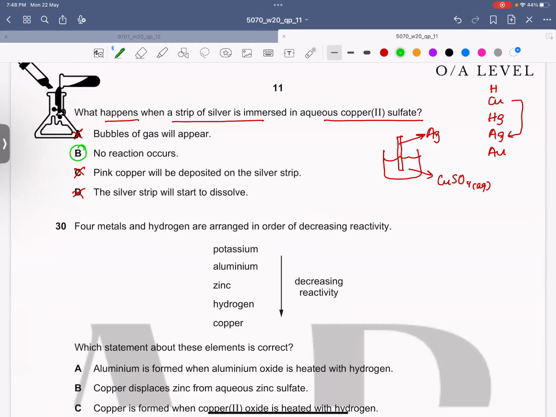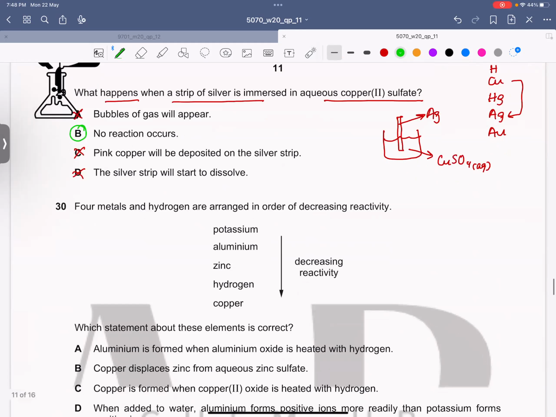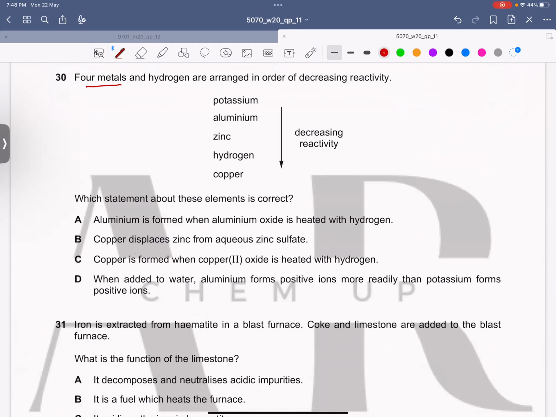Is this clear? Now, question number 30. Four metals and hydrogen are arranged in order of decreasing reactivity. Which statement about these elements is correct?